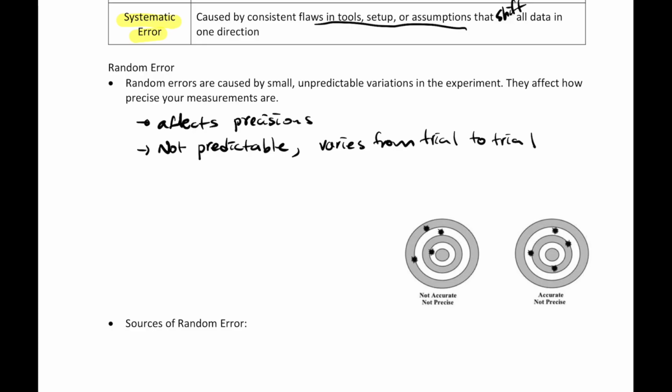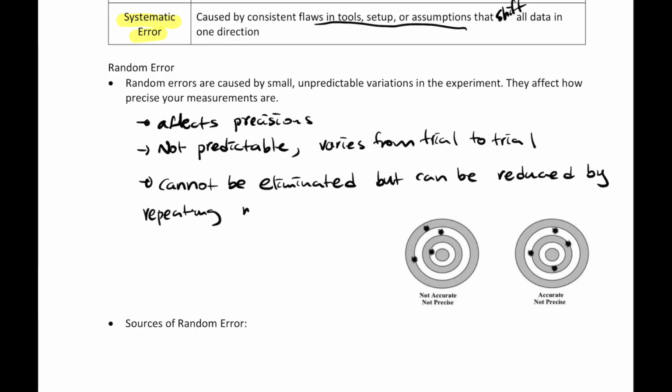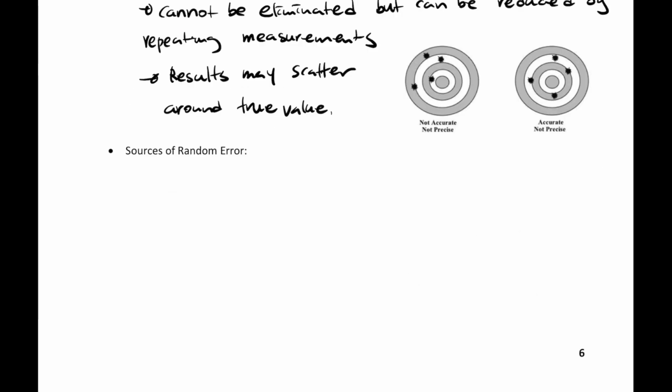It cannot be eliminated but can be reduced by repeating measurements. Your experimental results may scatter around the true value. So when you have a random error, your results can be not accurate and not precise, and it can also be accurate but not precise.